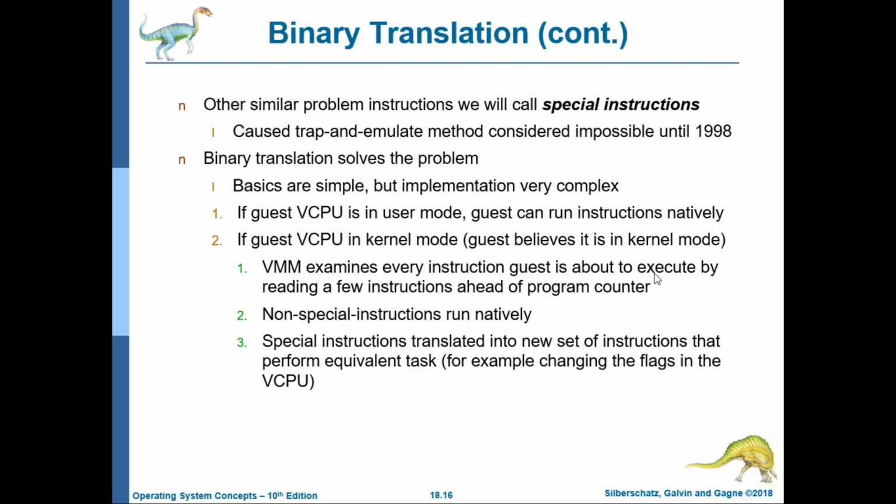On the other hand, if the guest vCPU is in kernel mode, the guest believes it is in kernel mode. The VMM examines every instruction the guest is about to execute by reading a few instructions ahead of the program counter. Non-special instructions run natively, and special instructions are translated into a new set of instructions that perform equivalent tasks, for example, changing the flags in the vCPU.